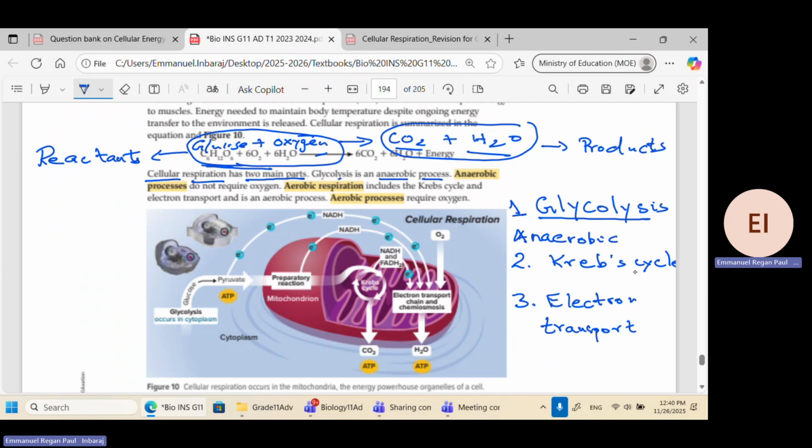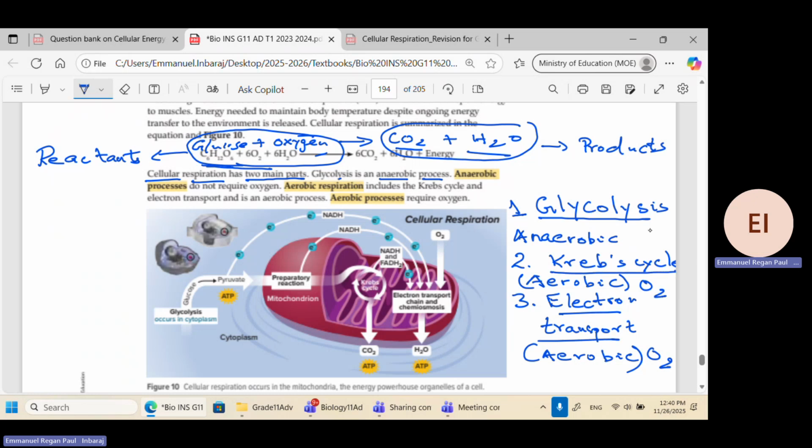The Krebs cycle is aerobic, which means they require oxygen. And the electron transport chain is also aerobic. That means it takes place in the presence of oxygen. Oxygen is required in these two, the electron transport chain and the Krebs cycle.